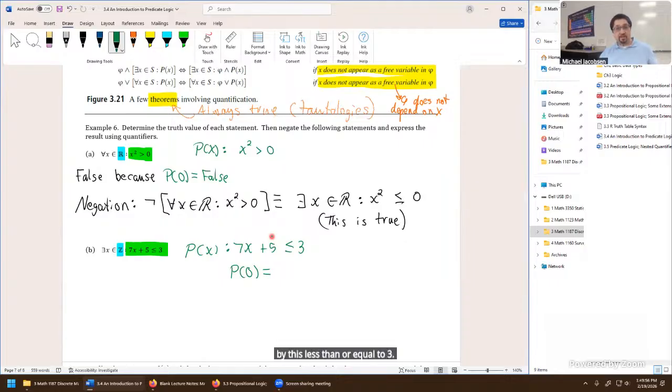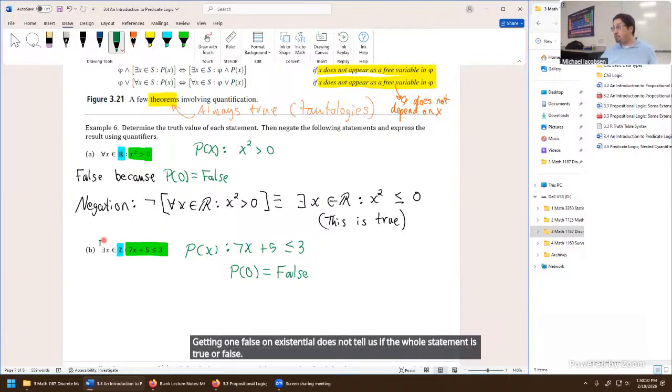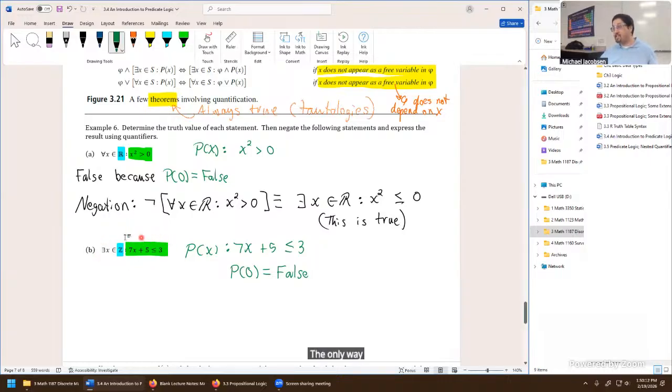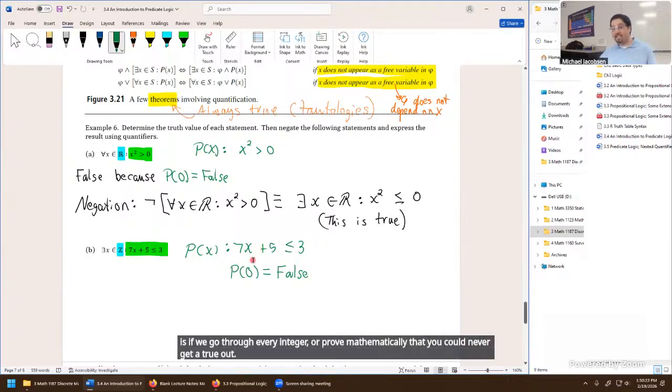That would be false. 5 is greater than 3. But that actually doesn't help us out so far. Getting one false on an existential does not tell us if the whole statement is true or false. The only way we can show that this is false is if we go through every integer or prove mathematically that you can never get a true out. So we just try something else.